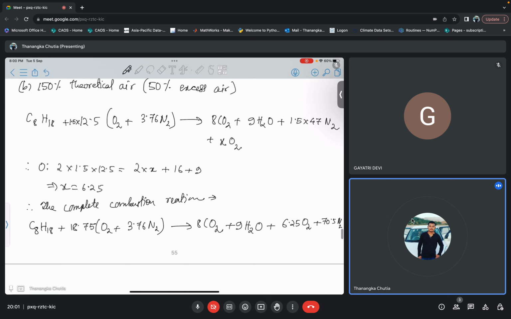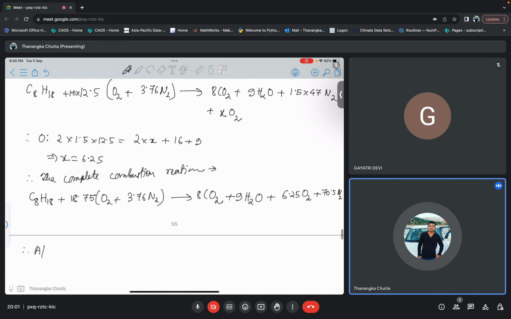Okay, so therefore air fuel ratio on molar basis is equal to 18.75 into 1 plus 3.76 divided by 1, that will be 89.25.